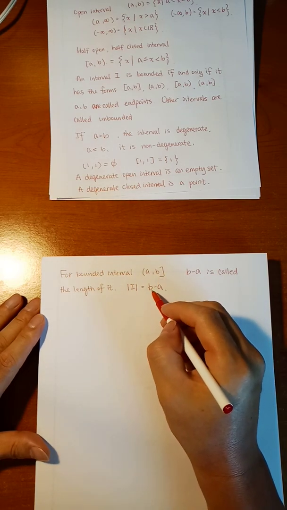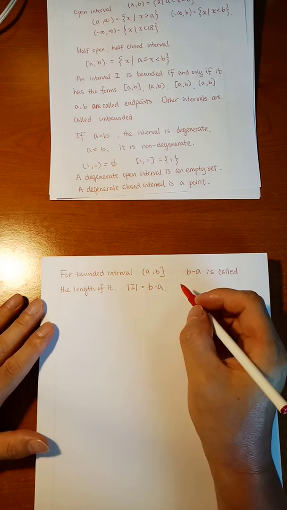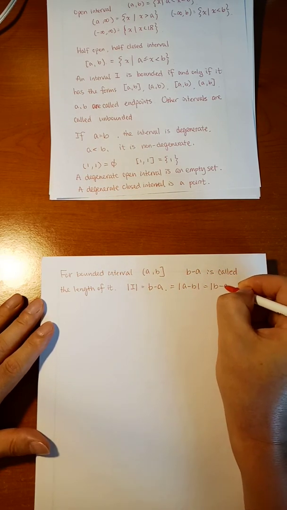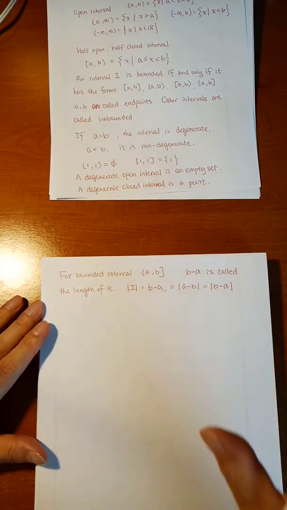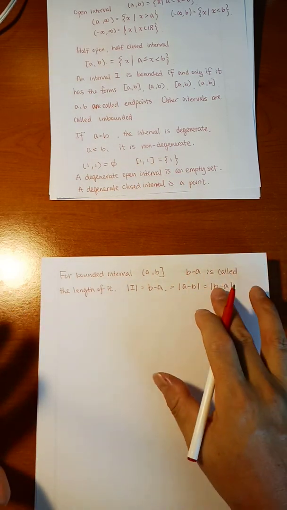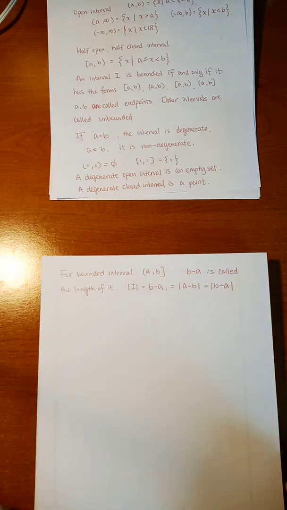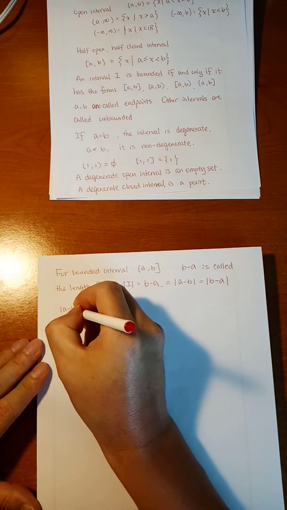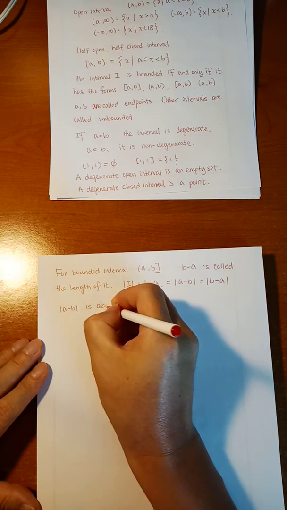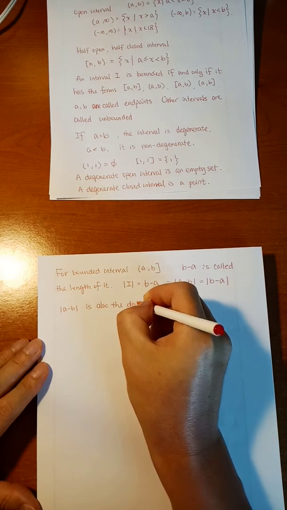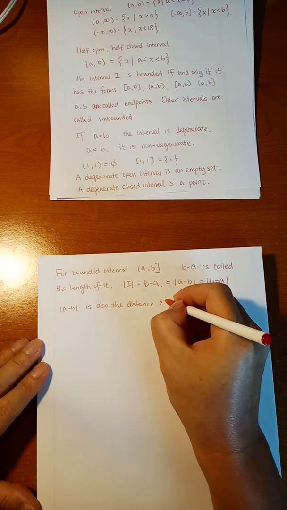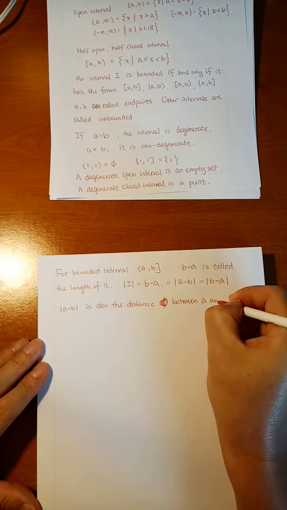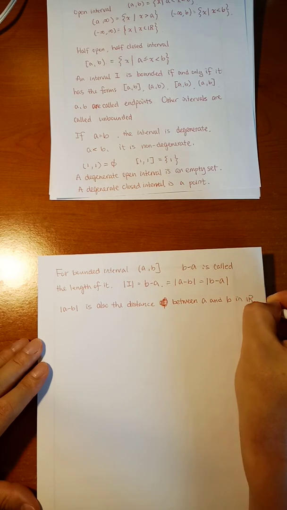We must use a bigger number to subtract a smaller number. If you don't know which one is bigger, which one is smaller, you can use either form, but you have to use the absolute value. Absolute value is used to measure the length of the interval. Okay, and the absolute value of A minus B is also the distance between A and B in R.